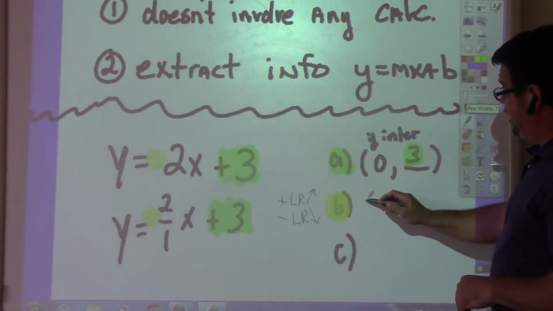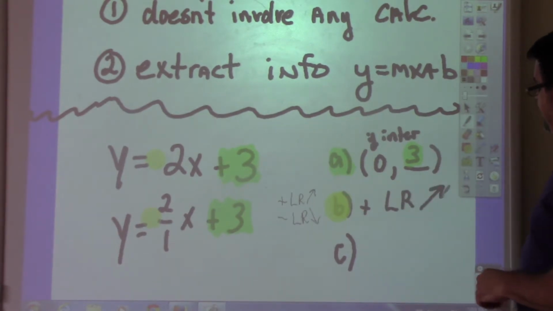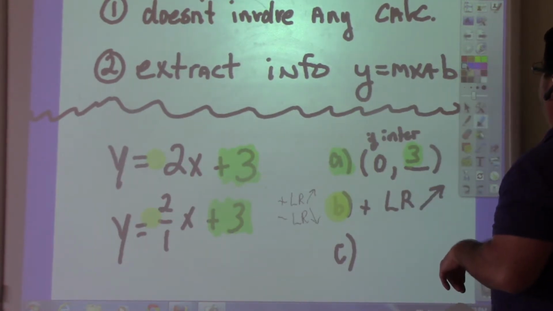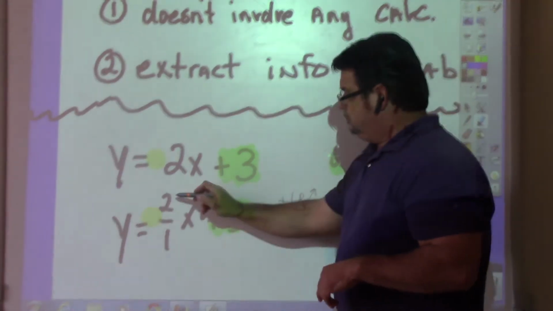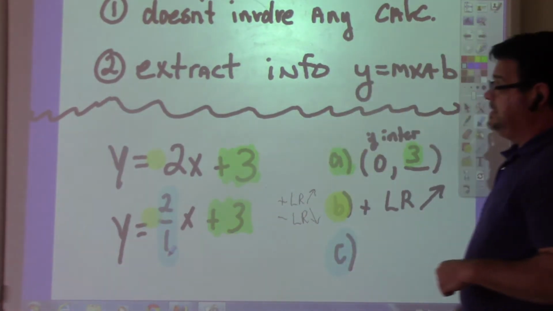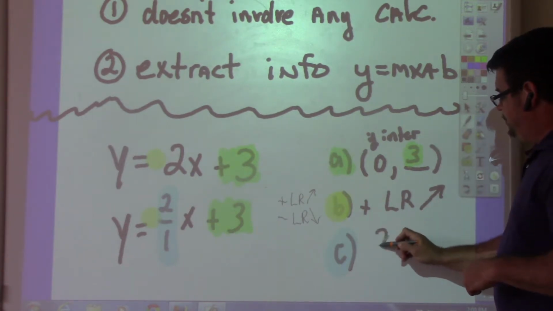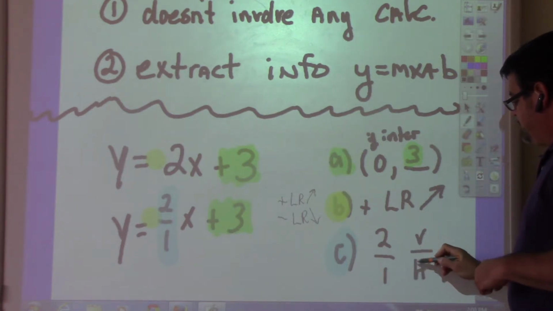So positive means left to right, up. And then the last thing, I'm going to highlight it blue. That's that right there, and that's 2 over what? 2 over 1, which is our vertical over our horizontal.